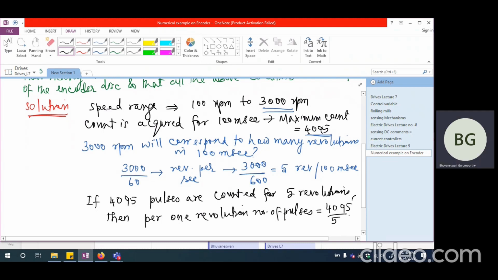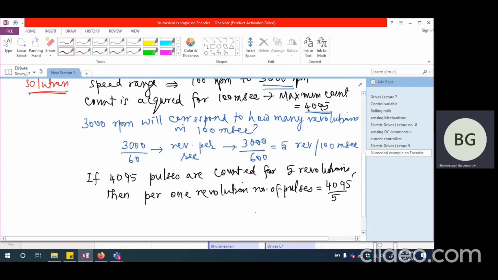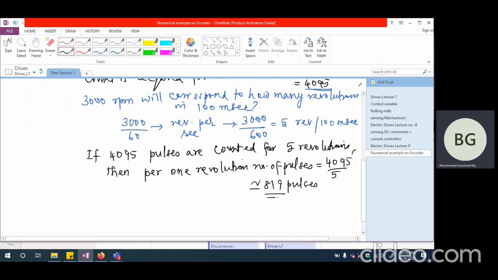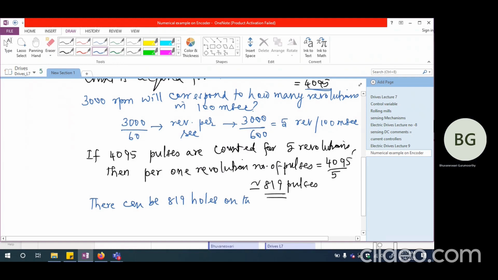This is going to be the total number of pulses what you would get. So that is approximately equal to 819 pulses per one revolution. So if there have to be 819 pulses, let's say there can be 819 holes on the periphery of the disk.